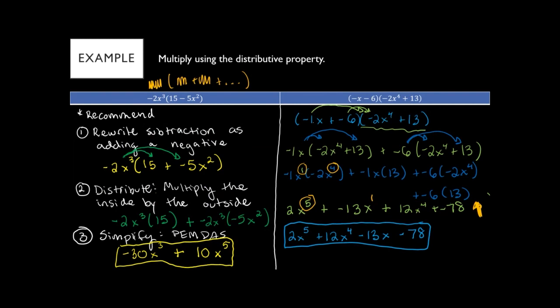So FOIL is basically skipping that step in green. It saves you a step. And when you start getting good with your multiplication and really getting those rules down, then you can even skip the second step and go straight to here. So FOIL is just a different way to organize what you're doing and help you keep track.